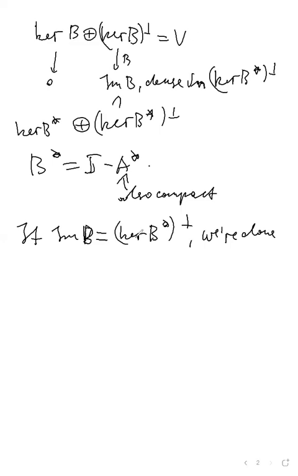So under the map B star, the orthogonal complement of the kernel of B star goes to the orthogonal complement of the kernel of B. And again, the image is dense, but we don't know yet that the image is the whole thing.